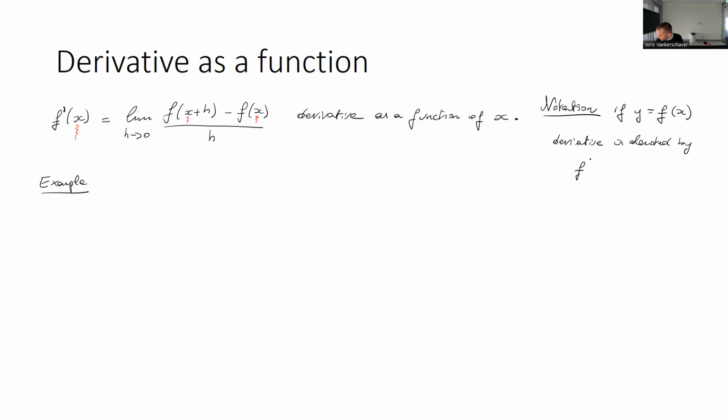We'll use f prime of x. We've already seen that notation. We'll use df dx, and this makes it explicit that we're taking the derivative with respect to x.